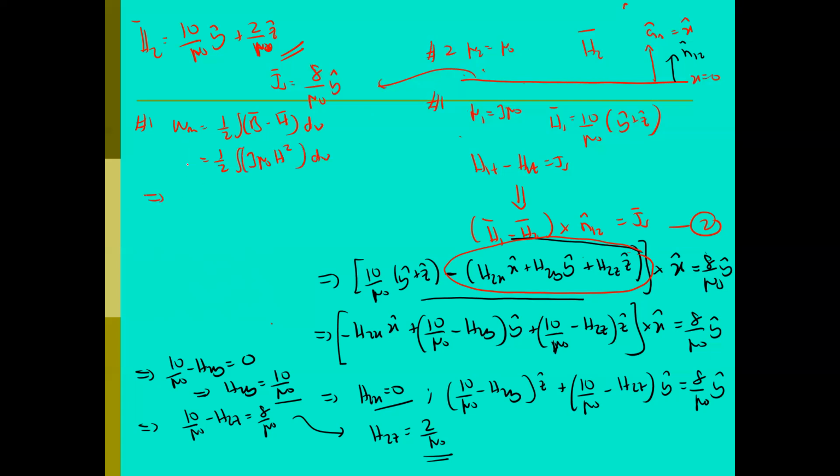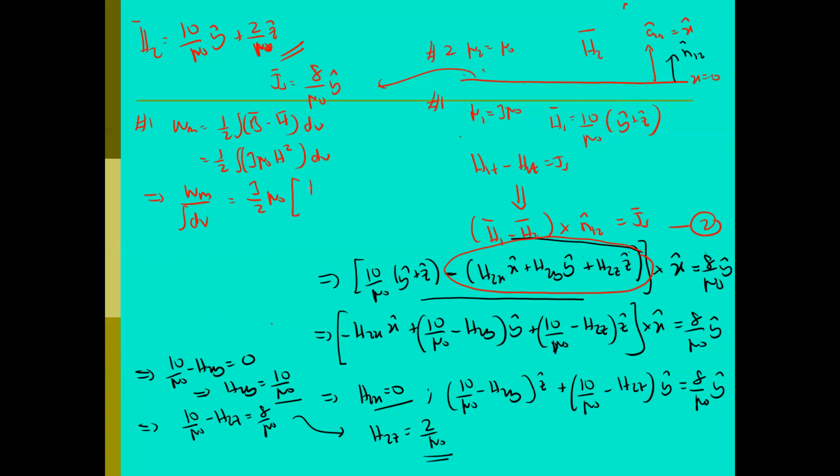So we can find the energy density by simply bringing the integration to the left-hand side, integration of dV. So that will give us 3 over 2 mu naught in H2 squared, which is just the H squared for the field here.